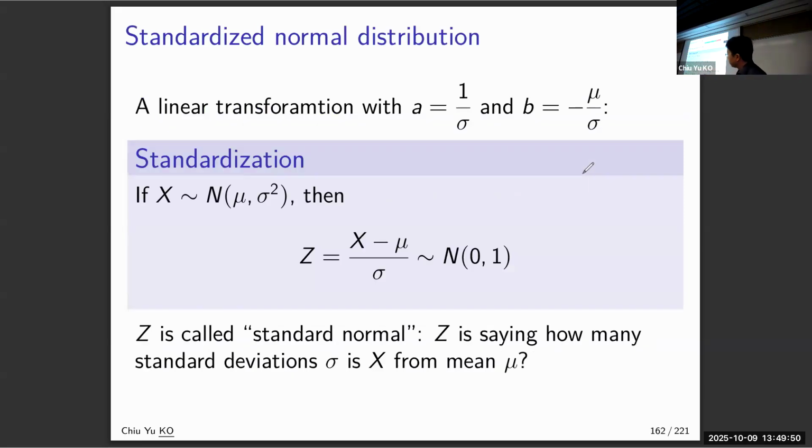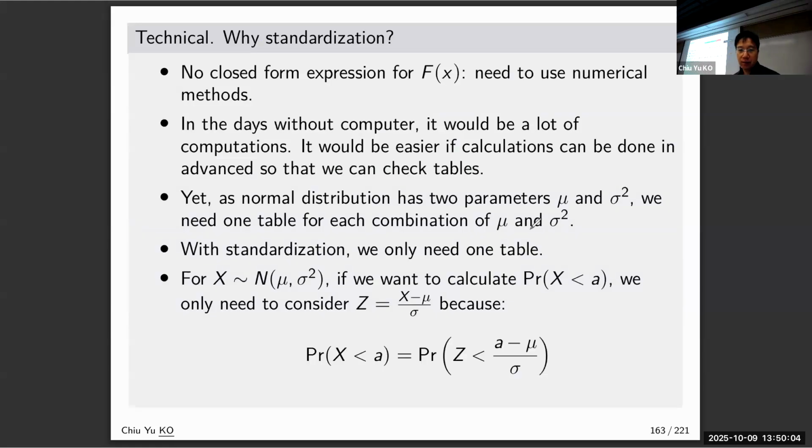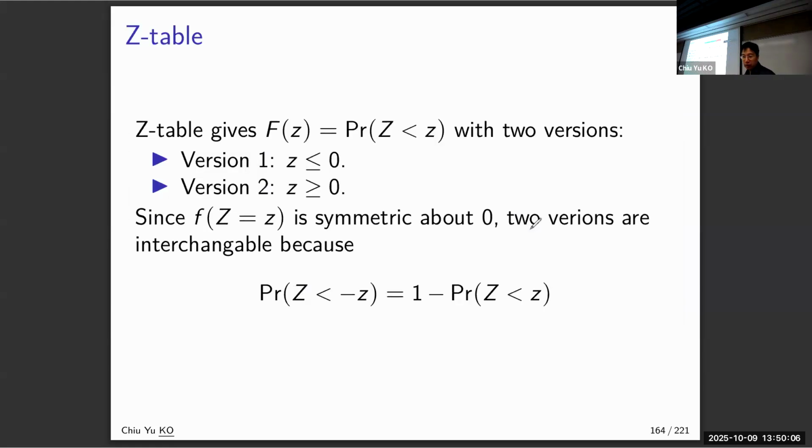Because of the way you do it, you can always shift whatever normal to the standard normal and do all the calculation, because the area means the same. The statement has no difference. So when we do calculation, we use the Z table, and the Z table goes from negative to positive.